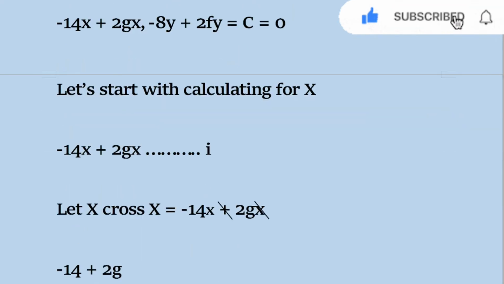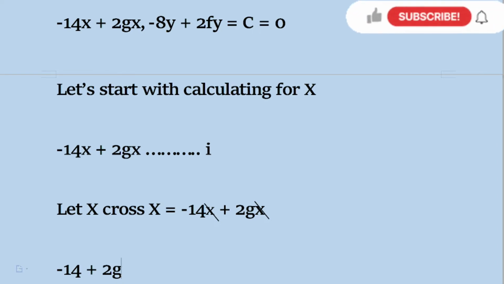So equation 1, let x cross x. Then it turns to 14x plus 2gx, so we cancel both x. So we have negative 14 plus 2g.